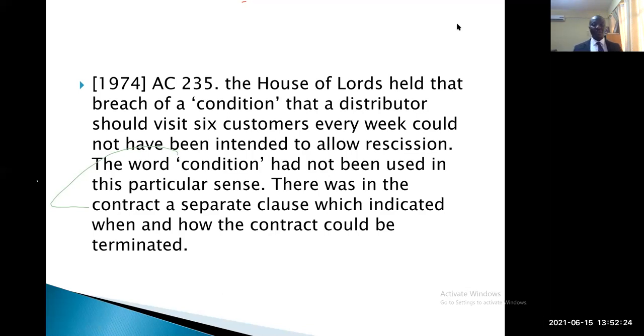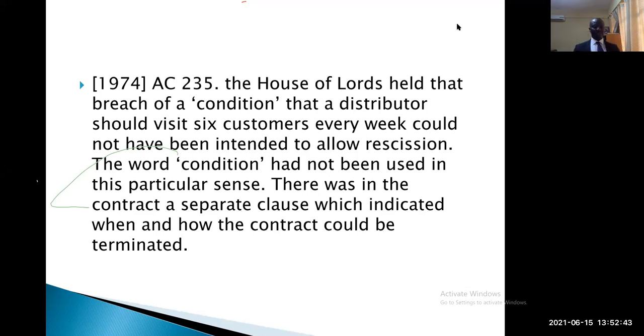And the question was whether the failure of the distributor to be able to visit sales customers every week could justify termination of the contract.